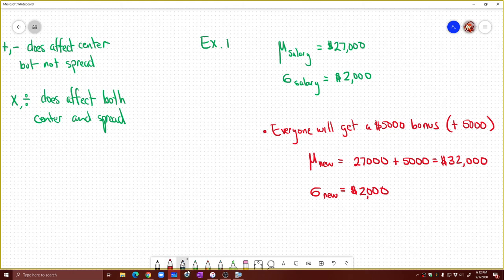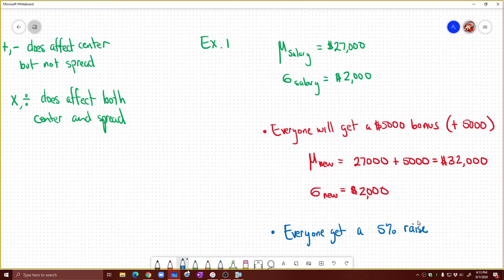Now, I'm going to follow up and say, well, I'm thinking about doing this plan. But now let's say the union for the company comes in and says, well, we would like a different incentive package. Instead of giving us a flat $5,000, they would like that everyone get a 5% raise.